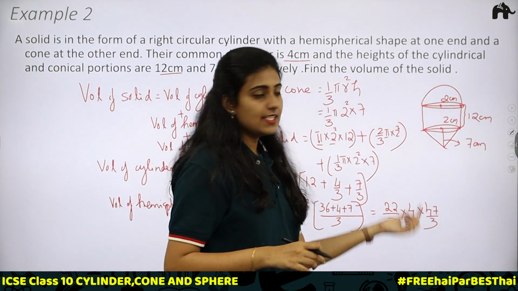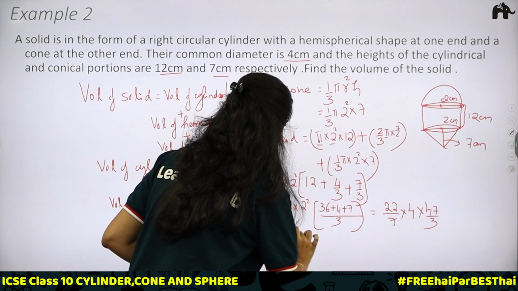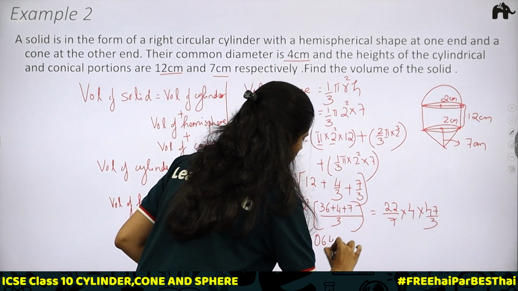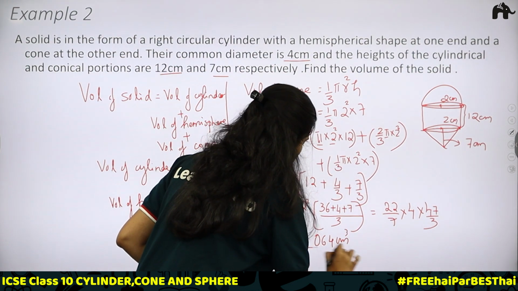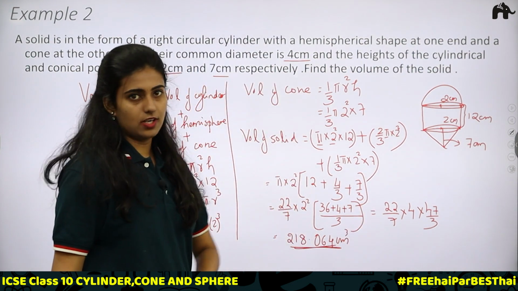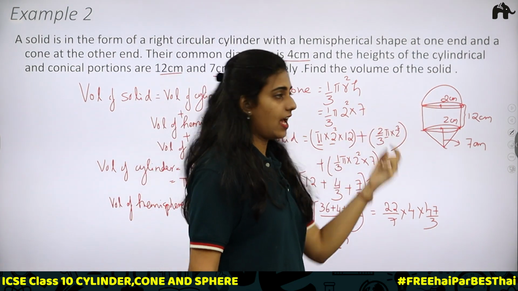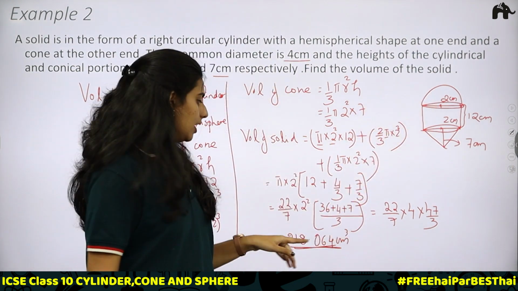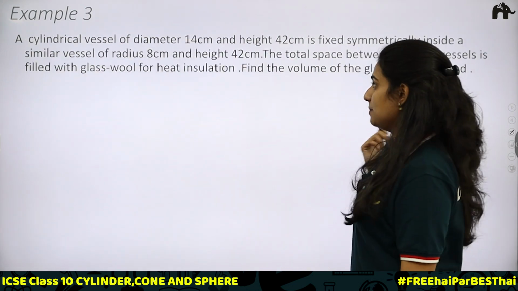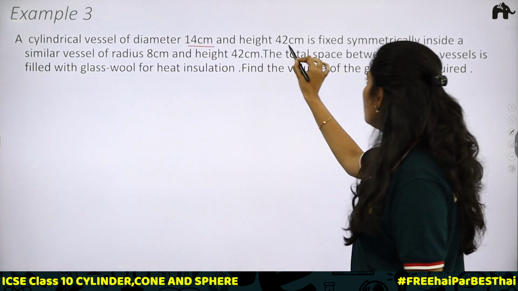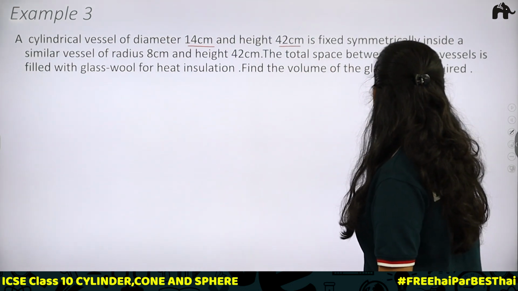When you calculate this, the final answer you will be getting 218.064 centimeter cube. So this is the volume of solid, the final volume of solid, which includes hemisphere, cylinder and a cone. Okay, clear?